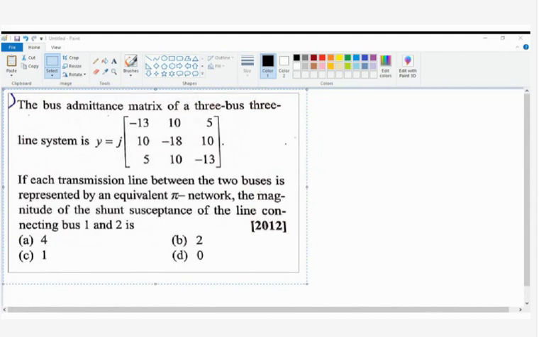Yeah. So they have given the bus admittance matrix of a three-bus system, and it's saying that each bus is represented by an equivalent pi network. So find the magnitude of the shunt susceptance connected between lines 1 and 2. Okay.